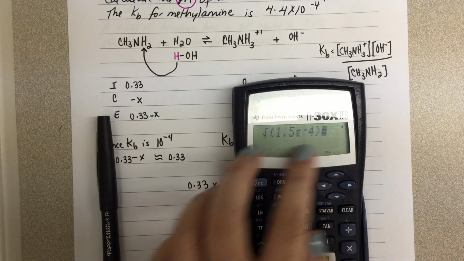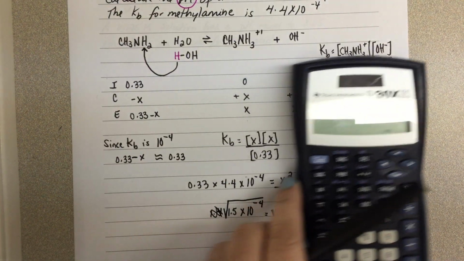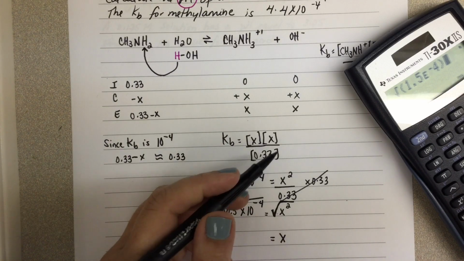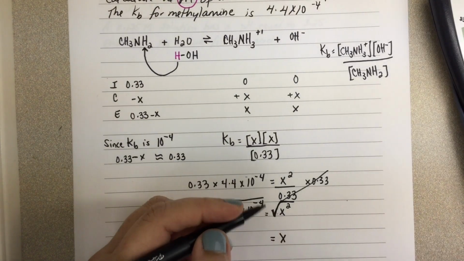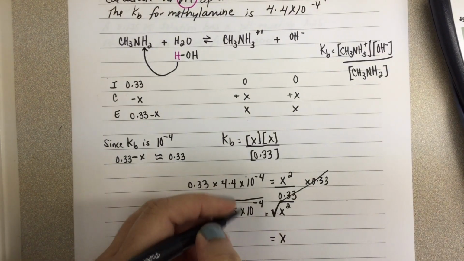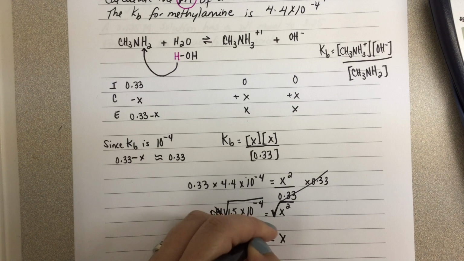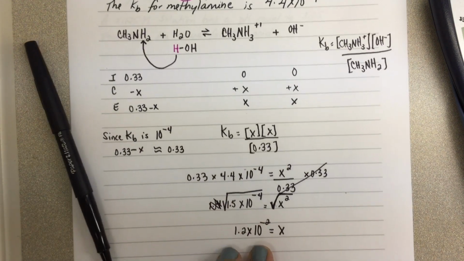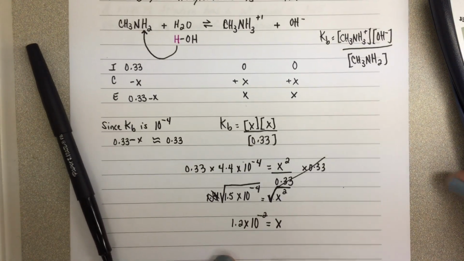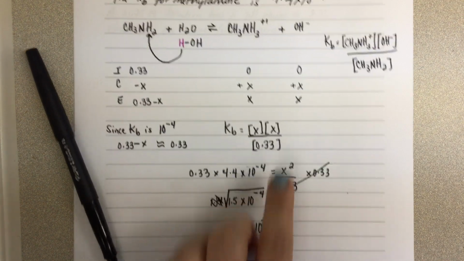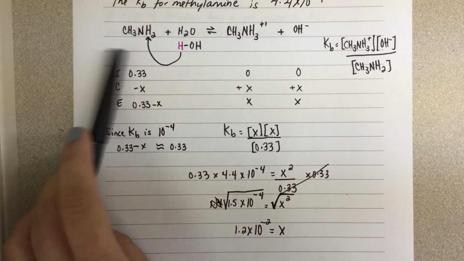So make sure that you put the number in parentheses. So this is like 1.2 times 10 to the minus 2. That's the value of X, and the value of X is giving you the concentration of hydroxide.